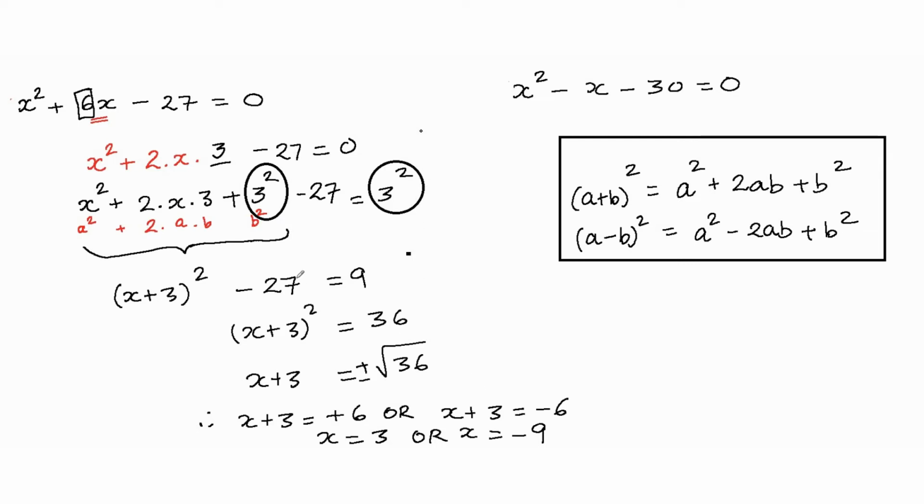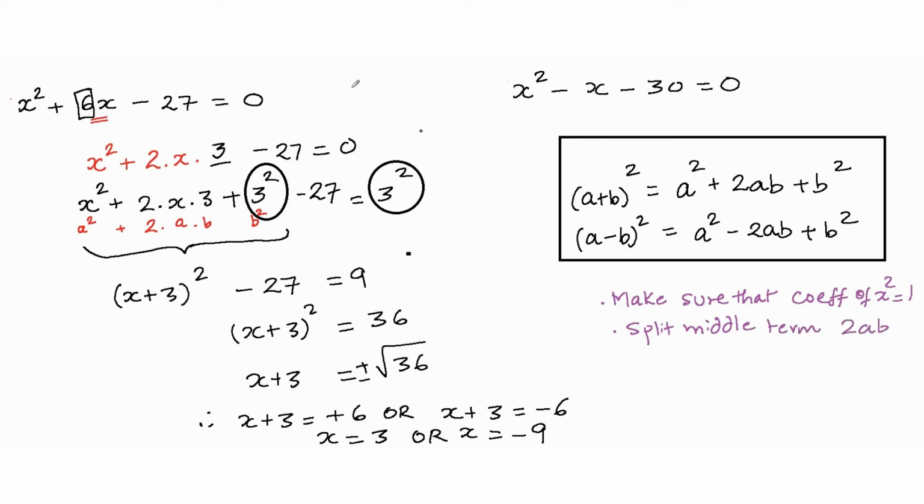So the idea here is that completing the square, we first split this middle term. So let us quickly write down what all we did. We first make sure that coefficient of x square is 1. Then we split the middle term in the form 2ab.